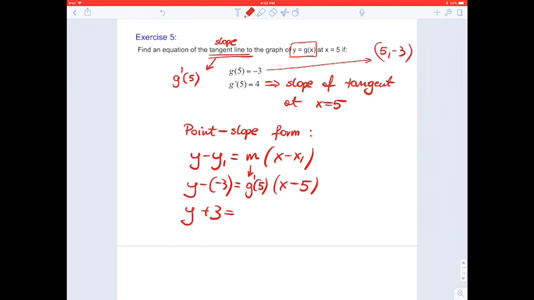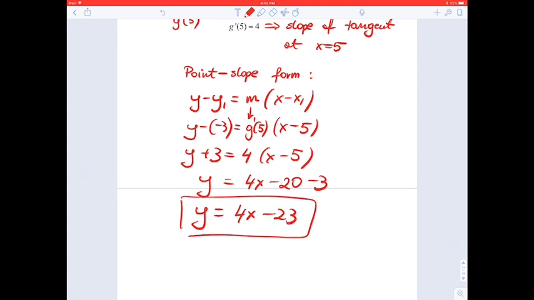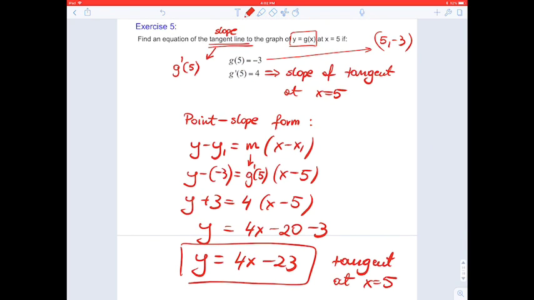Y plus 3, and my slope is 4. Oh, that's not 5, that's 4. Now I can subtract 3 from both sides, and I can distribute 4. The equation of the tangent line is y equals 4x minus 23. That's the tangent line, of course, at the value 5. But the most important thing was to recognize that this is the slope of the tangent.